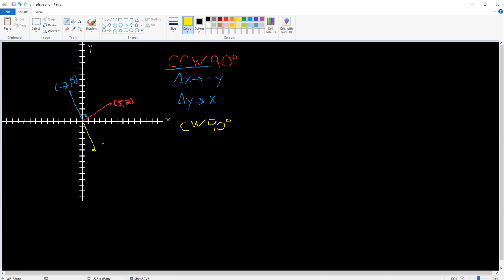I guess I could use a straight line tool. We'll use a straight line tool now that I thought about it. Here to here.